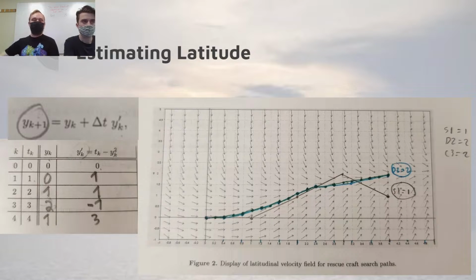All right, cool. So on this slide, we're estimating latitude, and for this one, we also have to calculate our own data points, and we're going to use Euler's method for that, where we're looking at effectively the equation you can see on the screen now, but it's effectively looking at the predicted path of the ship, or the vessel. It's working off of the previous location and where we think it is going.